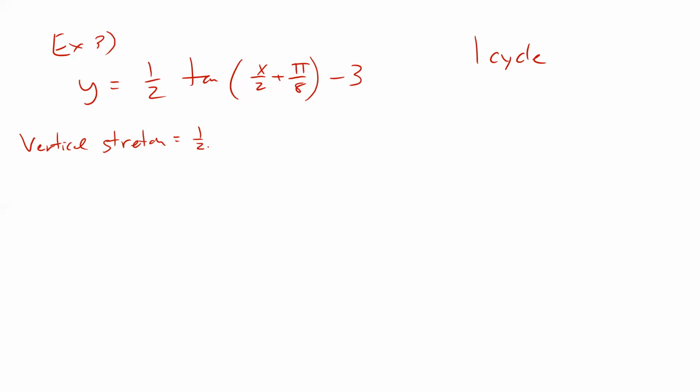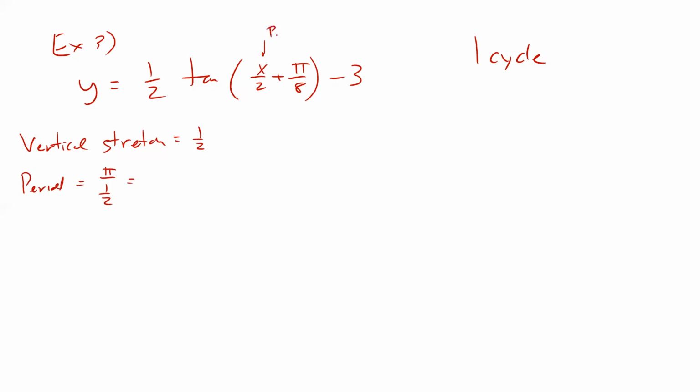We have a vertical shift, but let's talk about this right here. Notice the thing that's multiplying x is actually 1/2, right? So period becomes pi over 1/2. Are we okay with that one?